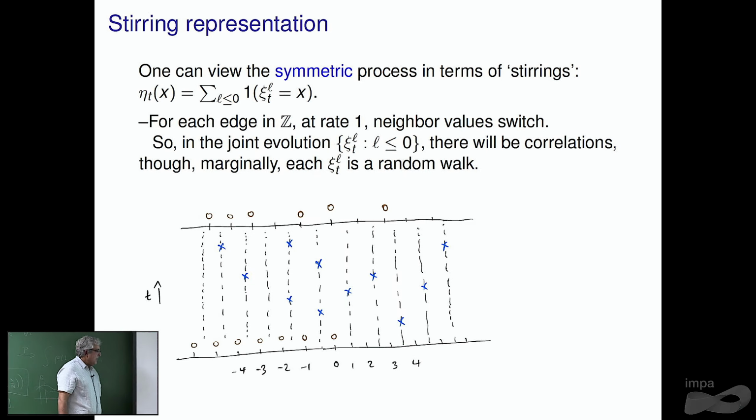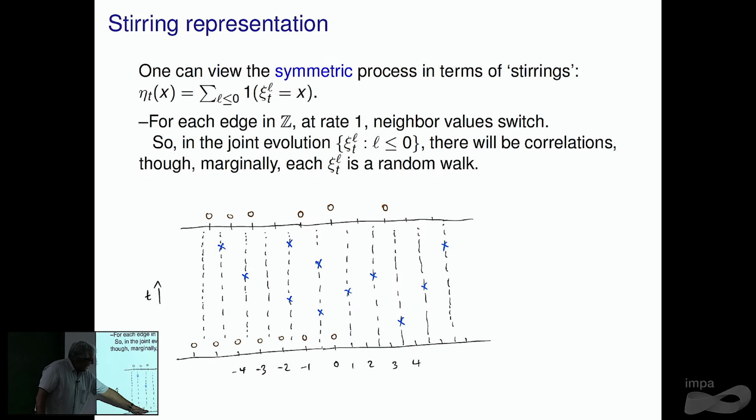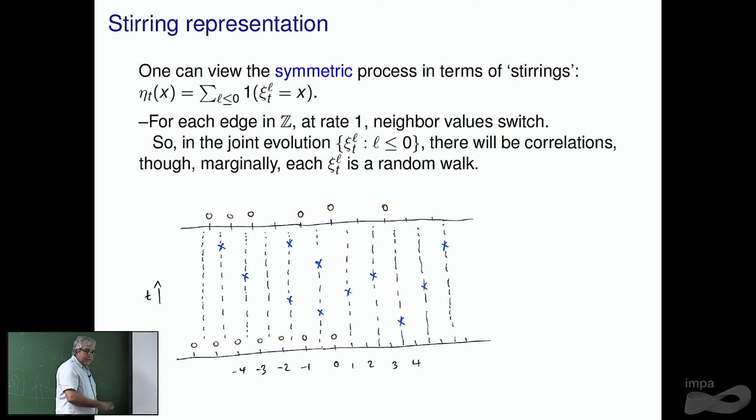The advantage is that if you look at what this particle is doing, marginally, it's a fair random walk. The joint statistics are dependent, but marginally, each one of these stirring particles, this is called the stirring representation, is like a random walk.